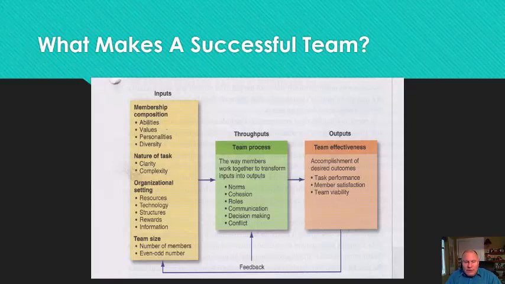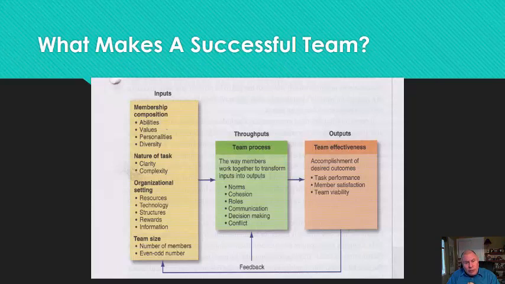And all of this becomes the process itself. We're going to spend some time talking about process because process is important because you want to get effective output, and that's an effective team. So if a team is effective, you're going to get a desired outcome. And that is going to make members satisfied, but it's also going to lead to improvement in the company itself.